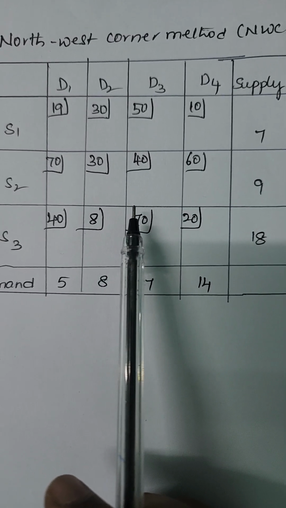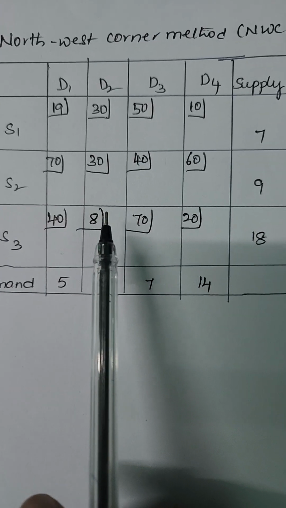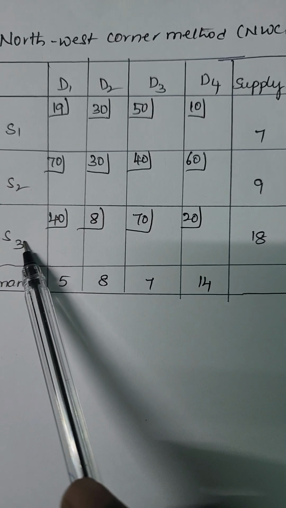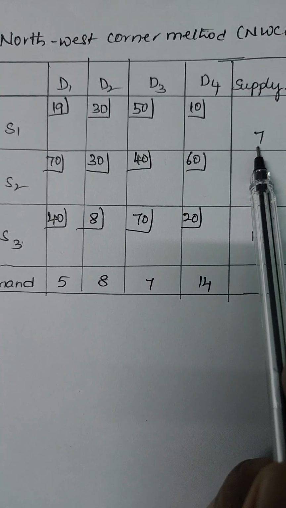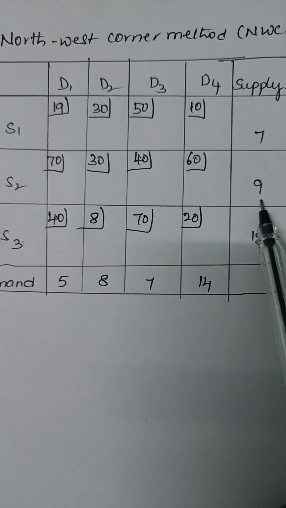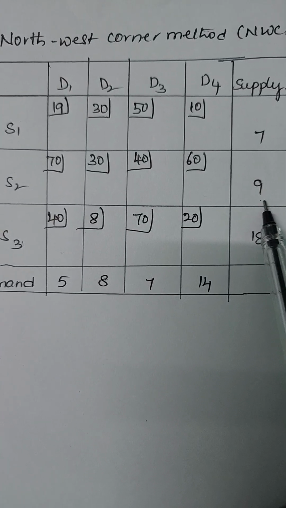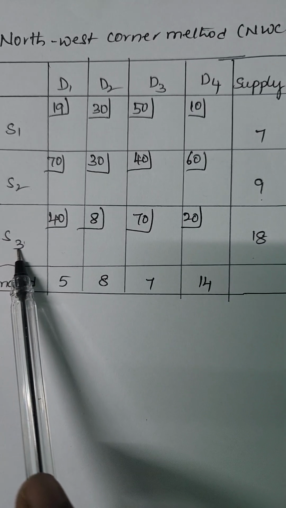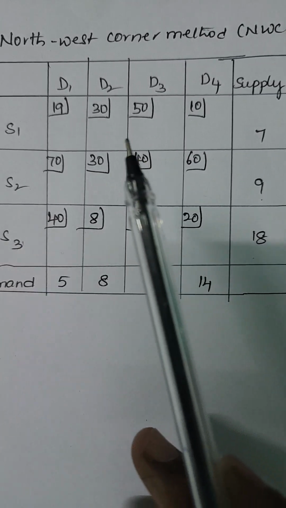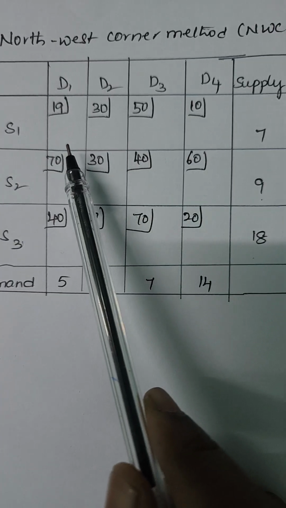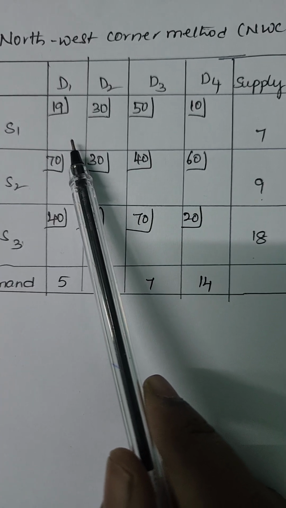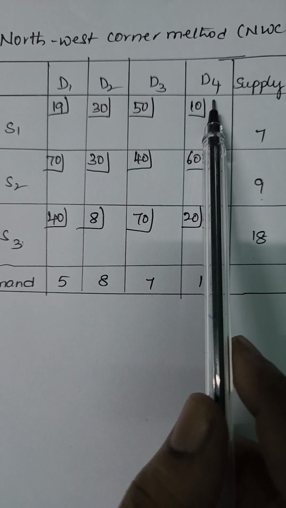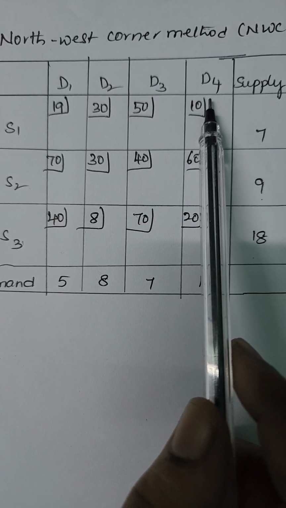This problem is: a company has three production facilities S1, S2 and S3 with production capacity of 7 units at S1, 9 units at S2, and 18 units at S3, and the units are to be shipped to four warehouses. Here D1, D2, D3, D4 are the four warehouses.